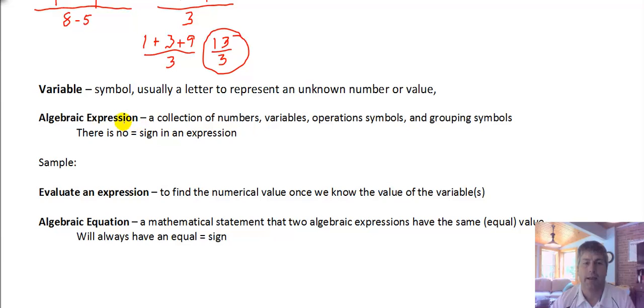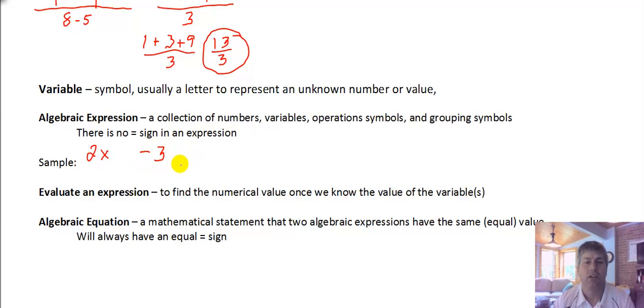An algebraic expression is a collection of numbers, variables, operation symbols, and grouping symbols in which there is no equal sign. If there's no equal sign, we've got ourselves an expression. So some typical algebraic expressions: 2x is an algebraic expression.